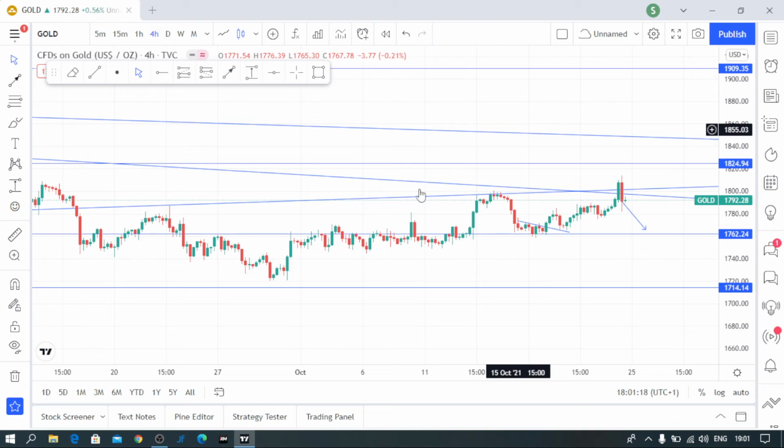Or if it comes back here and fails to break this line, then we buy. But if it comes and breaks this line, then below this we'll be selling.